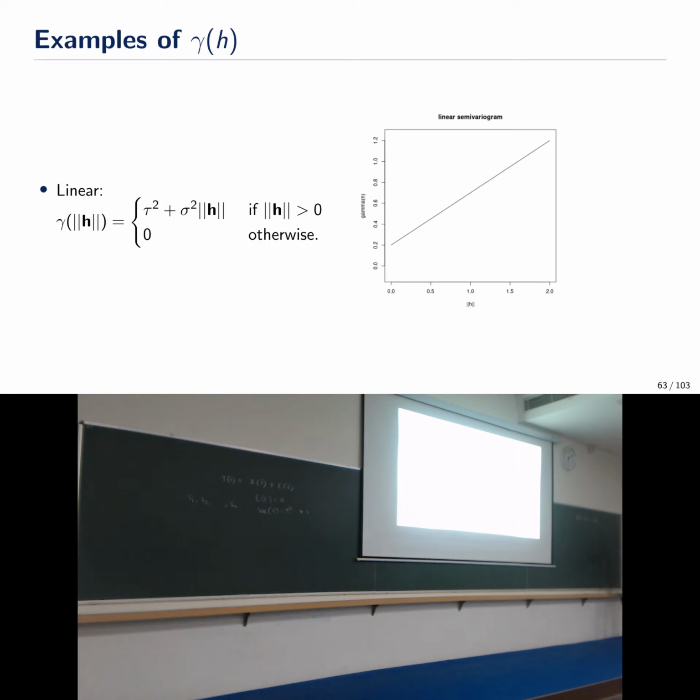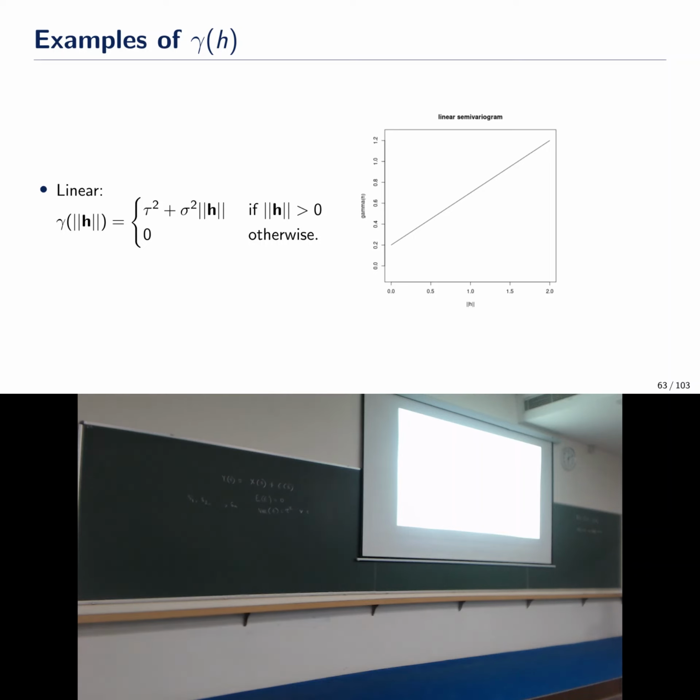On the other hand, if I just give you gamma h, it's not that trivial. Stationarity alone will not lead to C of h, so you need something else. That something else has a name, but for the time being, if we just assume that C of h goes to 0 as the norm of h goes to infinity, which is not a very unusual assumption, you are assuming that as distances get larger, the correlation reduces.